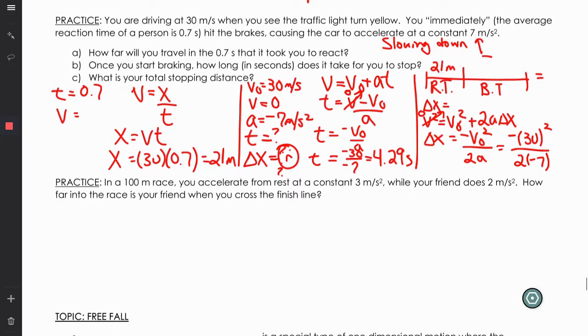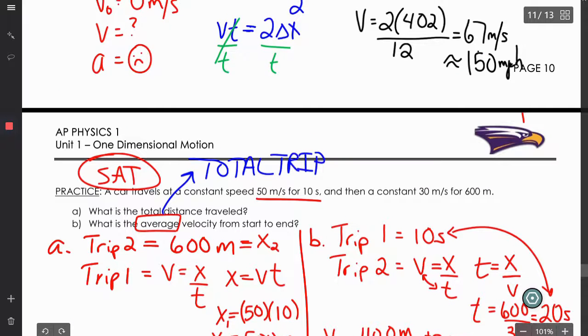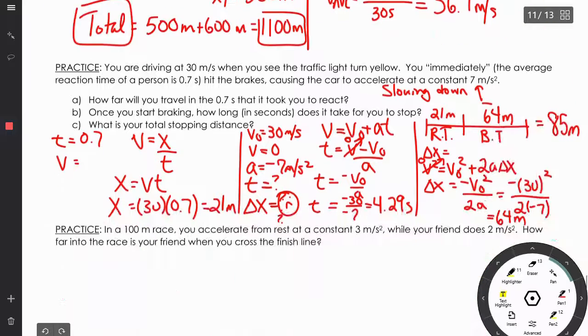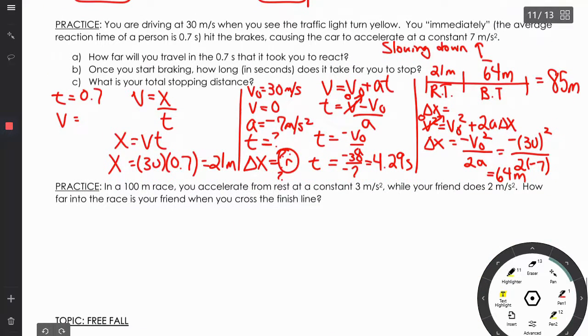You're going to find that it takes 64 meters to stop while you're braking. So that's our braking distance. And that tells us it's going to be a total of 85 meters. Sorry, I panned all of a sudden. Don't know why I panned. Okay, so it's going to take us 85 meters to stop.